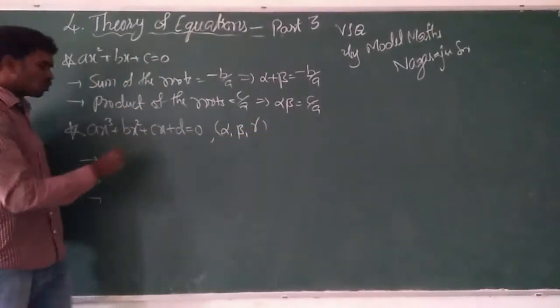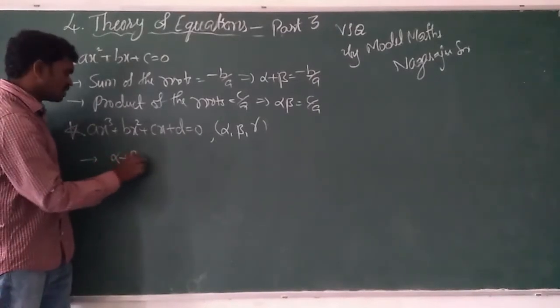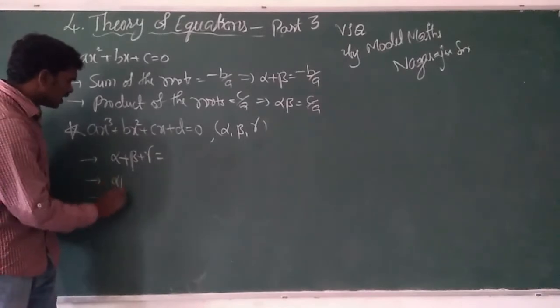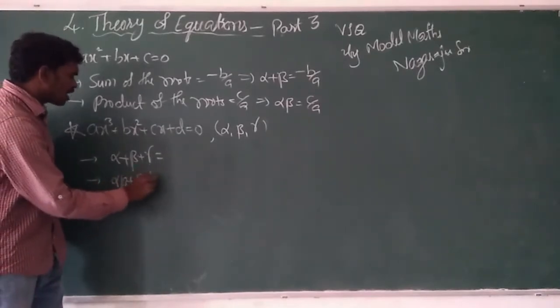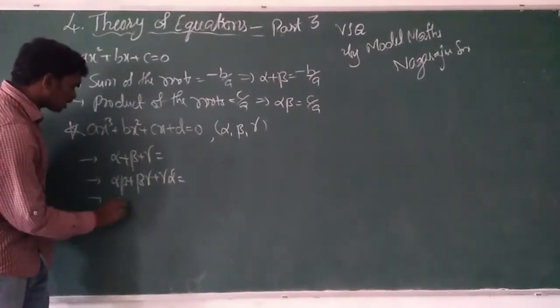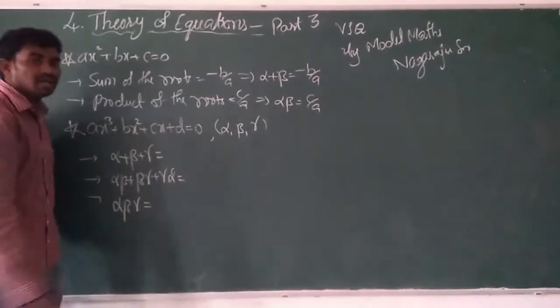Then the sum of the roots is alpha plus beta plus gamma, the sum of products of two roots is alpha beta plus beta gamma plus gamma alpha, and the third one is the product of the roots, alpha beta gamma.